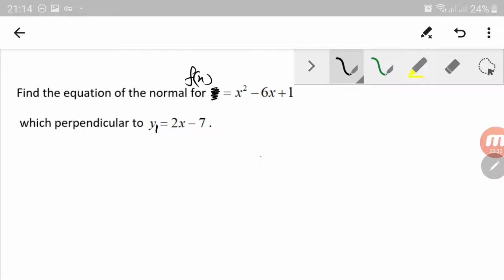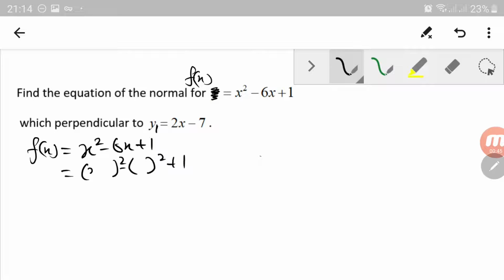First thing first, let's put the curve in completed square form. So (x minus 3) squared minus 8.